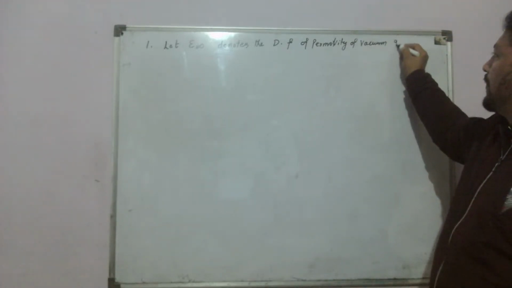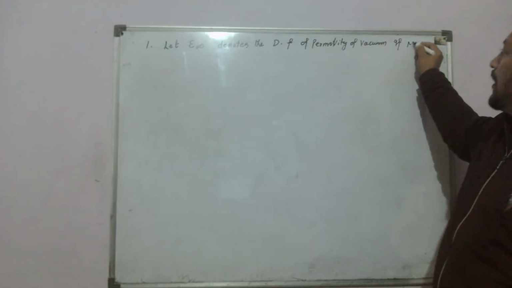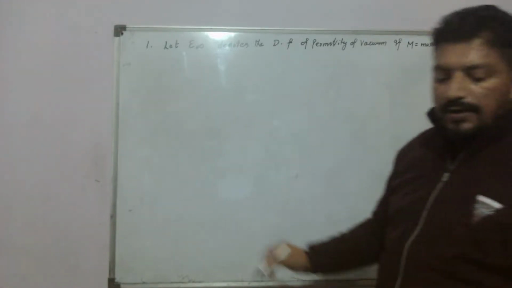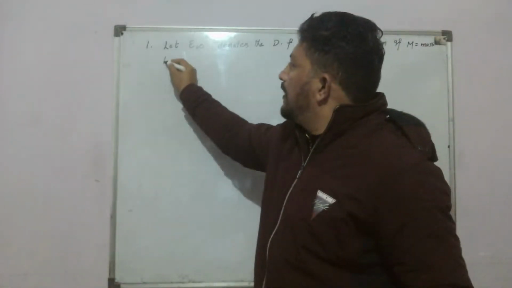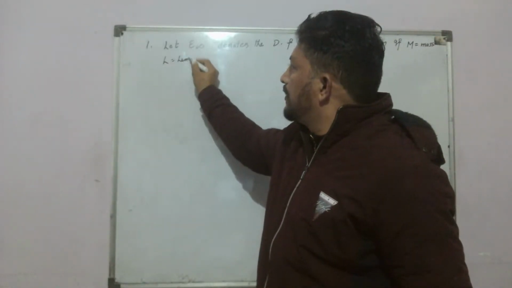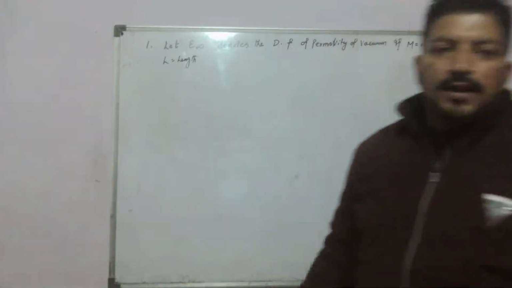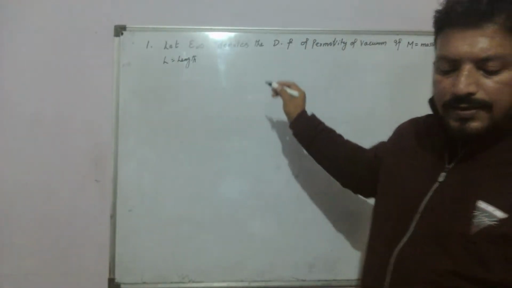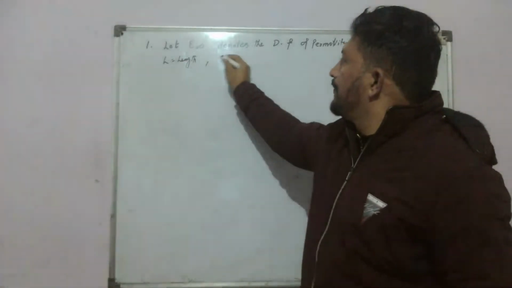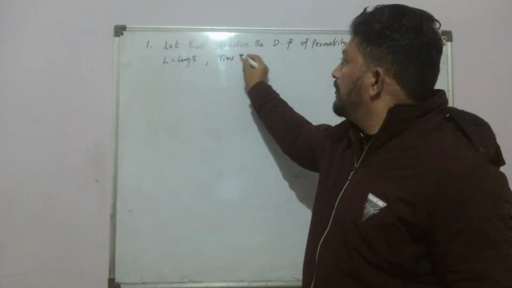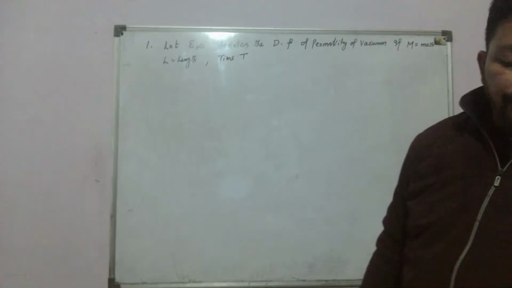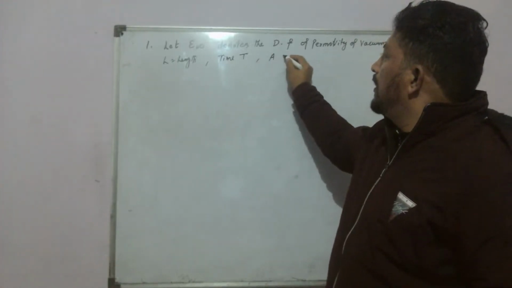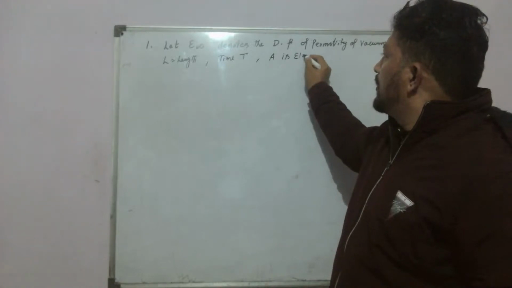If capital M is the mass, you all the students know MLT. L is the length, and next, time capital T, and capital A is electric current.